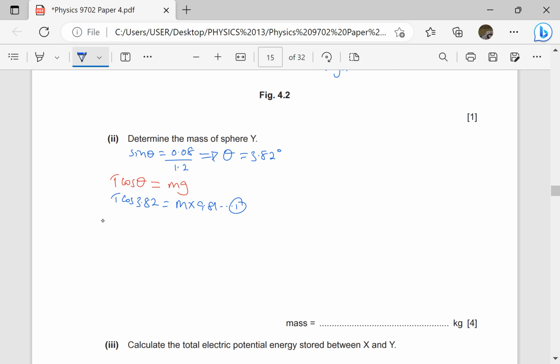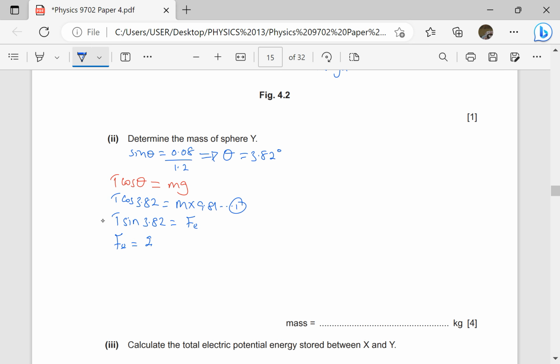Then also T sine of theta, which is sine of 3.82, is going to be equal to Fe, which is the electric force. Let me first find the electric force. The electric force, remember, is given by Coulomb's law.